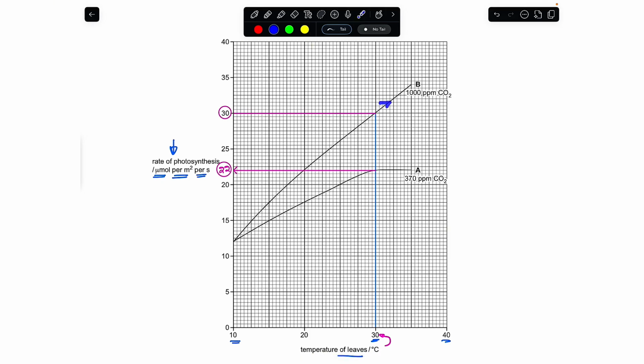The reason is that the increase in temperature would not only impact the working of the enzymes, but at the same time, it would also increase the diffusion of the carbon dioxide gas into the leaves so that more of the CO2 could be moving in, ultimately resulting in a greater rate of the photosynthesis.